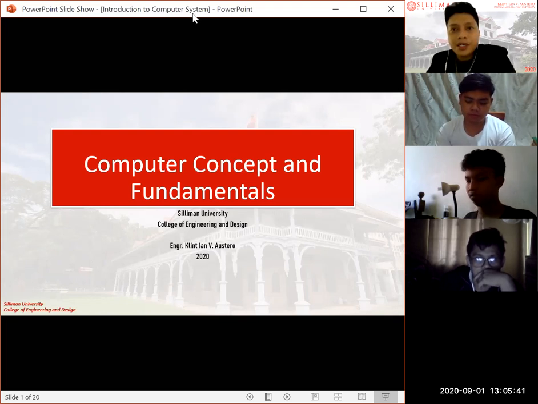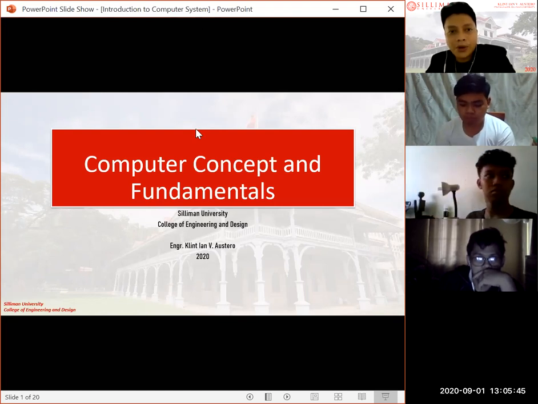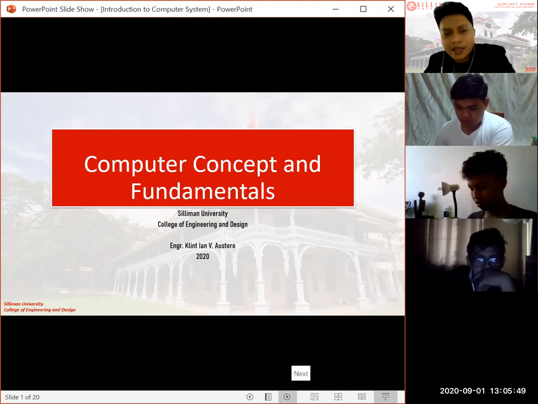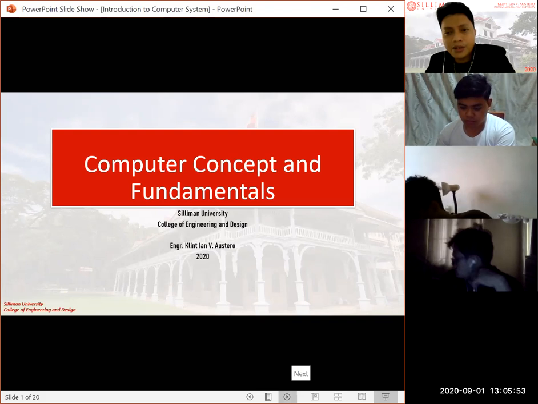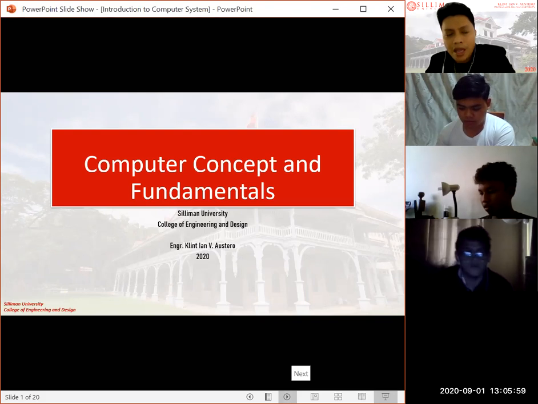So today we will be discussing computer concepts and fundamentals. Basically, a summary for today's discussion is we are going to talk about computers, how computers are made, or what the different concepts, the technology behind computers are, and how it is made today.